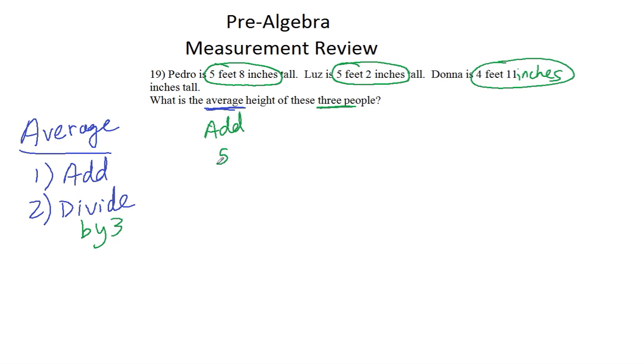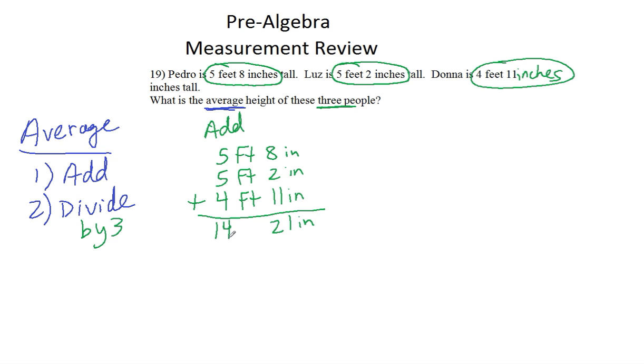So I've got 5 feet 8 inches for Pedro, 5 feet 2 inches for Luz, and 4 feet 11 inches for Donna. And I'm just going to add those up. 8 plus 2 plus 11 gives me 21 inches, and 5 plus 5 plus 4 gives me 14 feet.